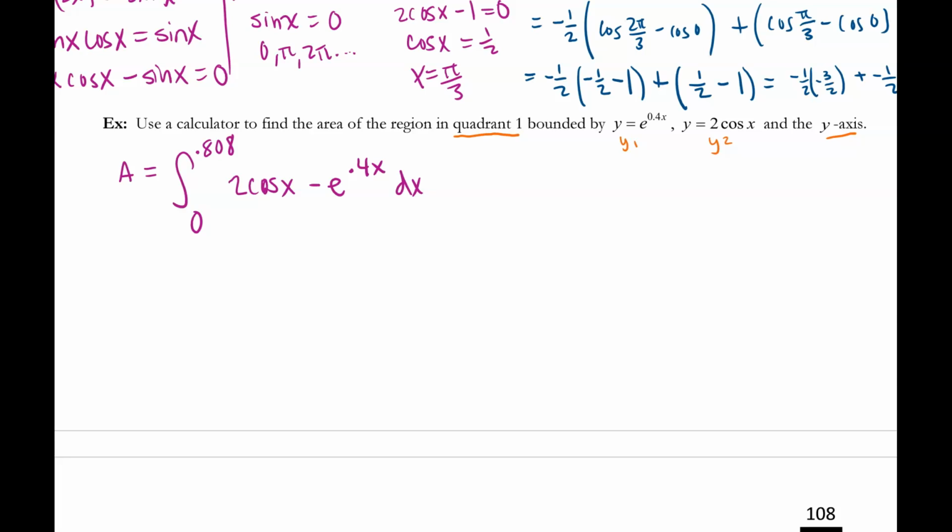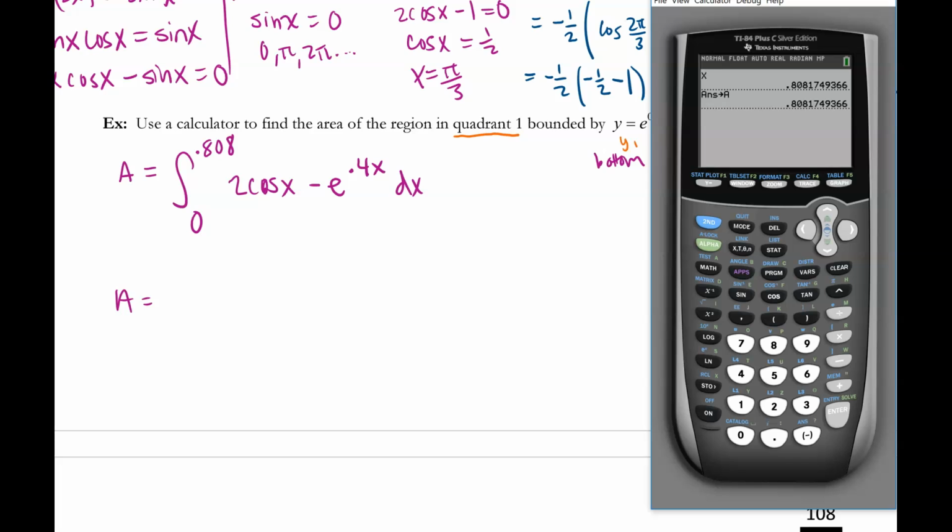Well, yeah, it would be awful to do by hand. So I'm going to recall that we stored the top one in y2 and the bottom in y1. So we're going to let the calculator do all of the math for us. Should always be that way, right? All right, so I stored that in A.